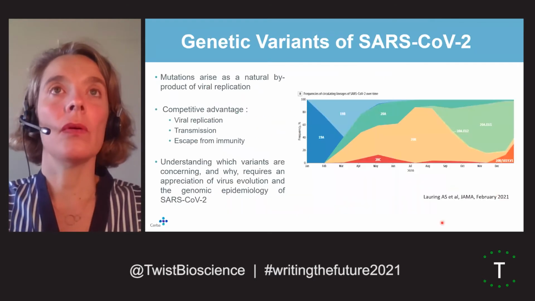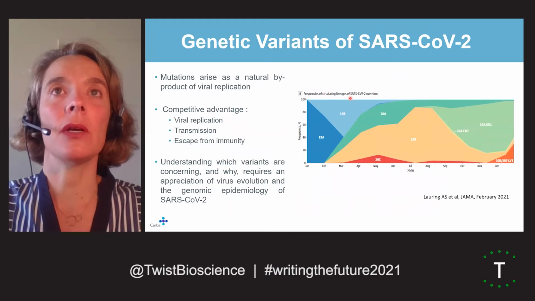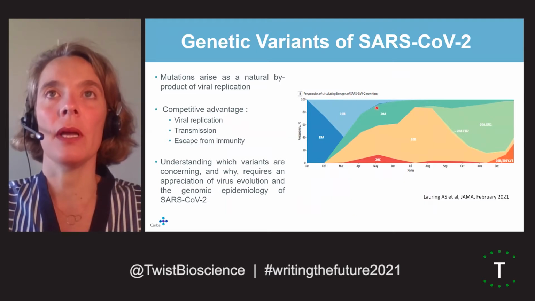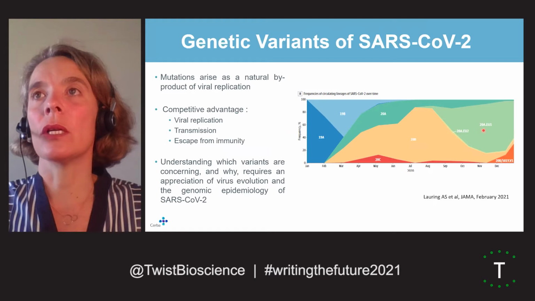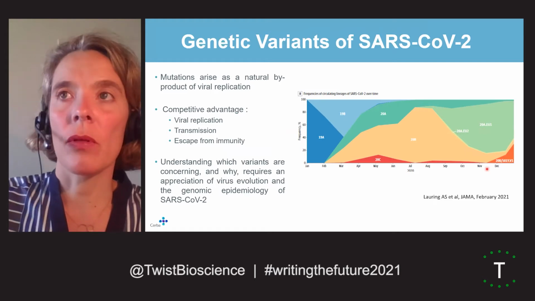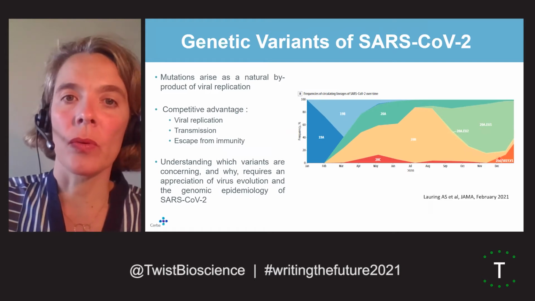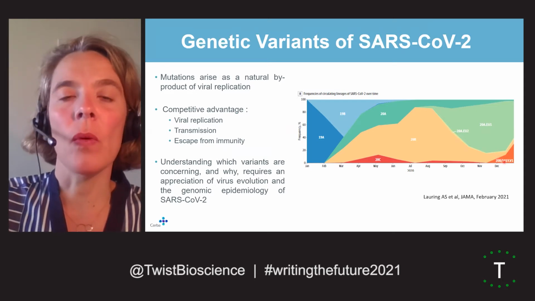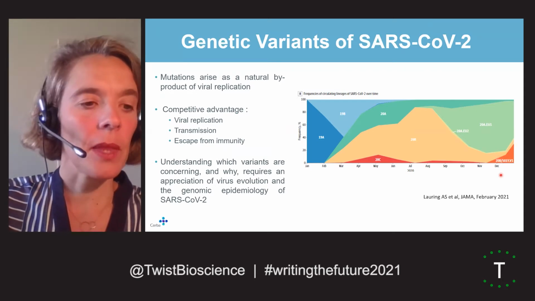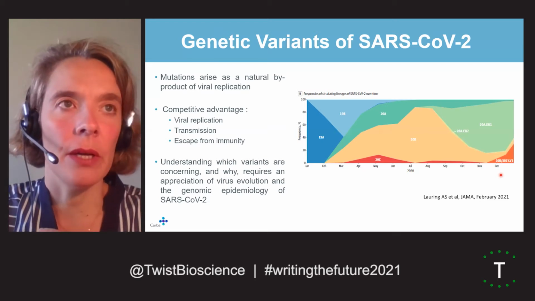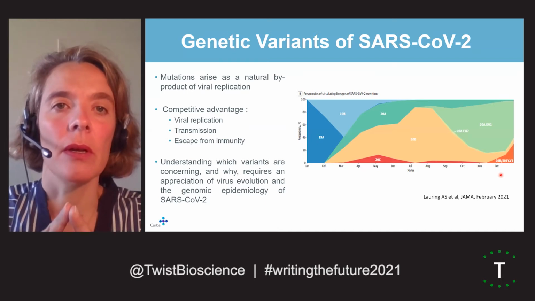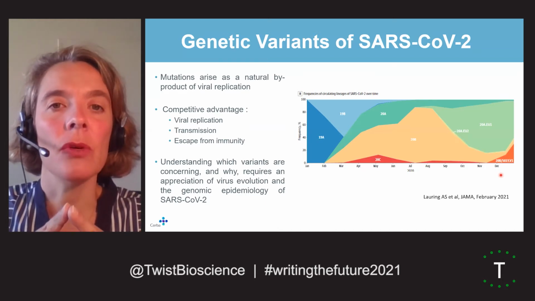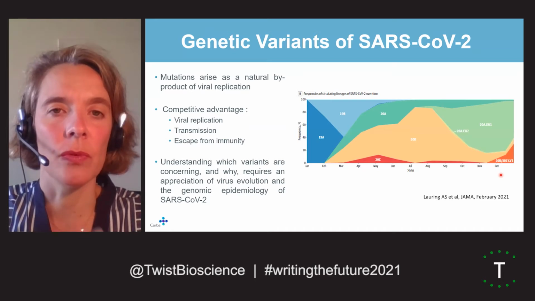In this figure, which represents the frequencies of circulating lineages of SARS-CoV-2 over time, the first wave is linked to the clades 20A and 20B, the second one in Europe to the clade 20A EU1, and the third one to the B.1.1.7 lineage, also called V1 or UK variant. But understanding which variants are concerning and why requires an appreciation of virus evolution and the genomic epidemiology of SARS-CoV-2.